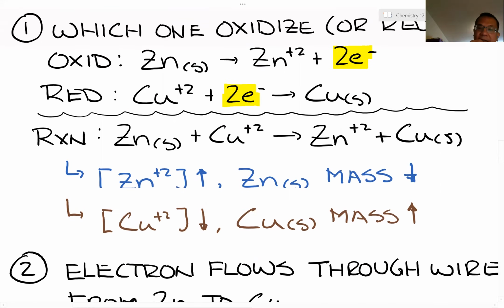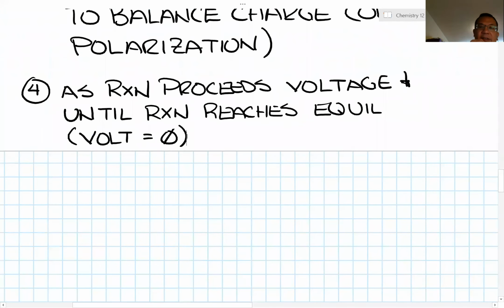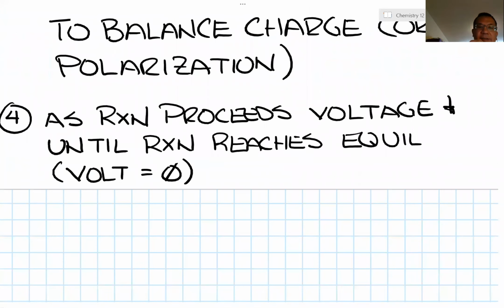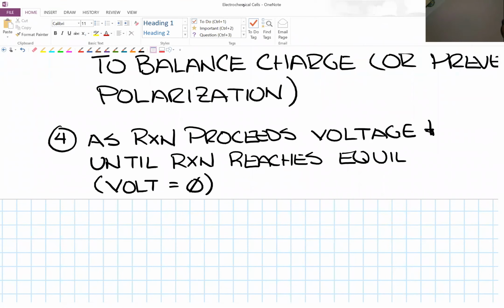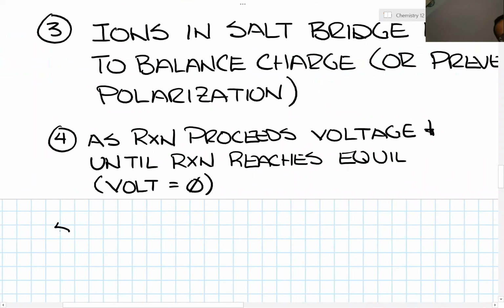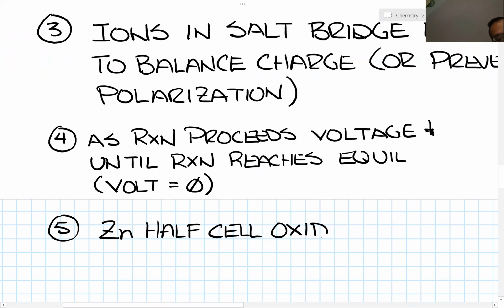Okay. The last thing, and then we'll call it a day, and then I'll show you a couple of things. Okay, number 5. The zinc half cell, oxidized, is called the anode.